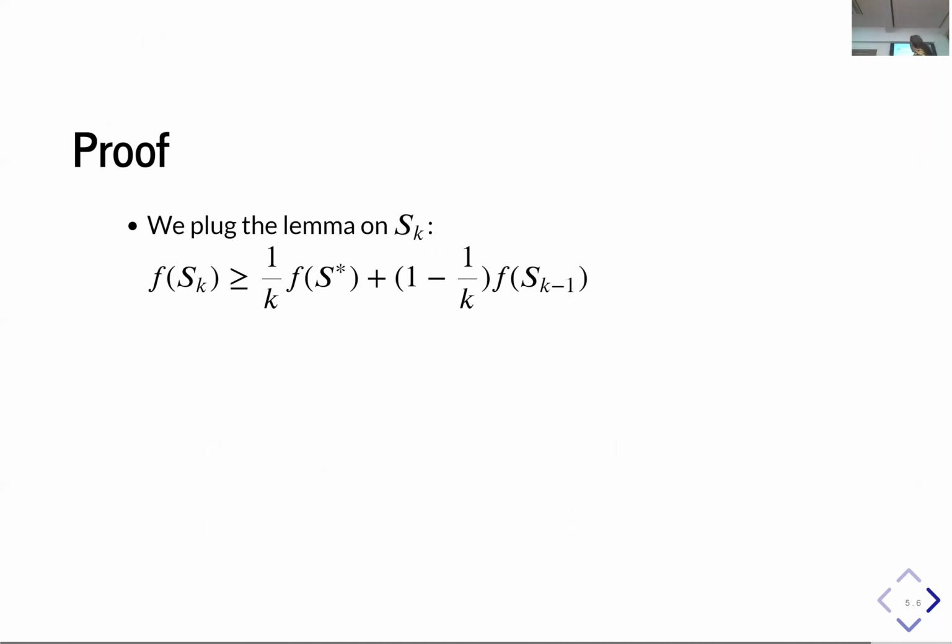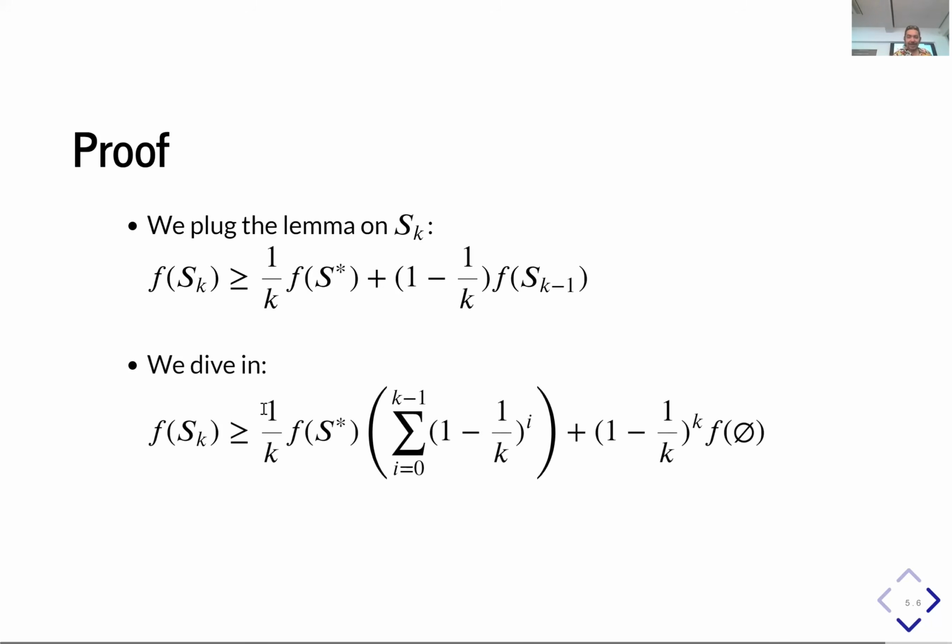Just by rearranging the terms of the lemma, F of S_t is at least F of S star over K plus (1 minus 1 over K) times F of S_(t minus 1). And you can do recursion. You recurse, you recurse, you recurse. I hope I didn't miss a plus 1 or minus 1, but this is what you should get in the end. And then you just do a few rearrangements.